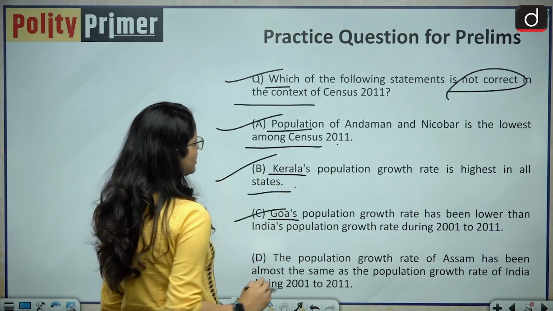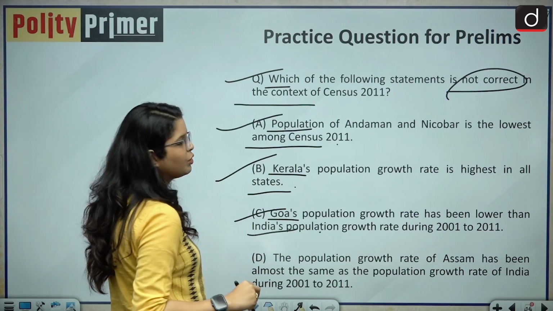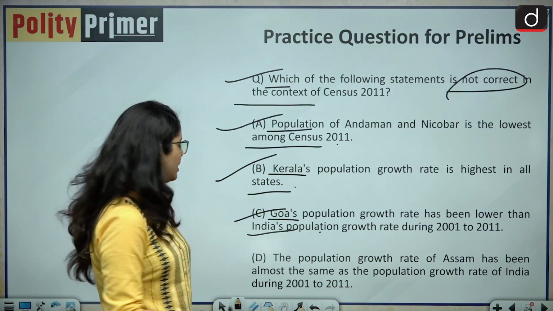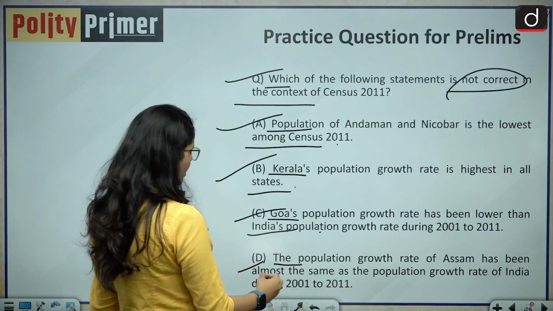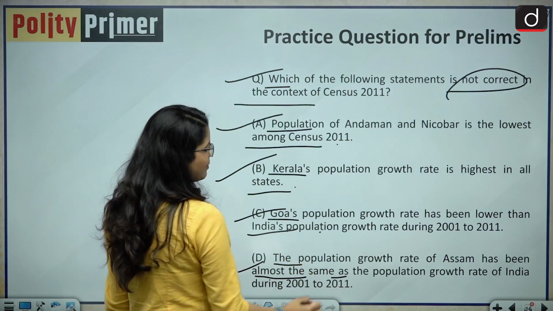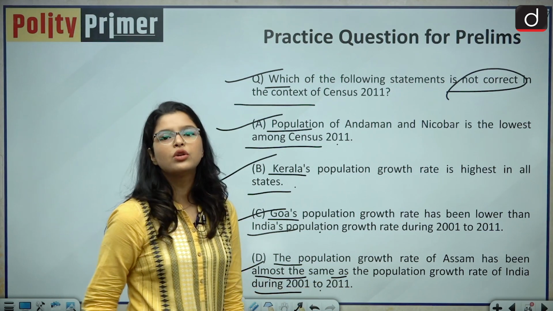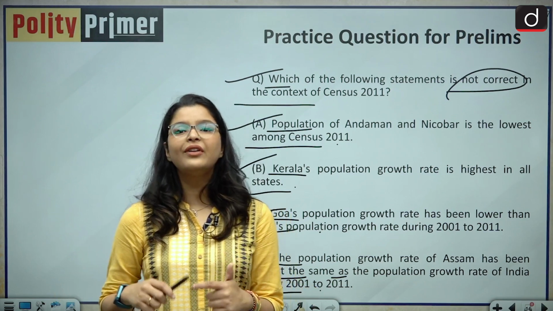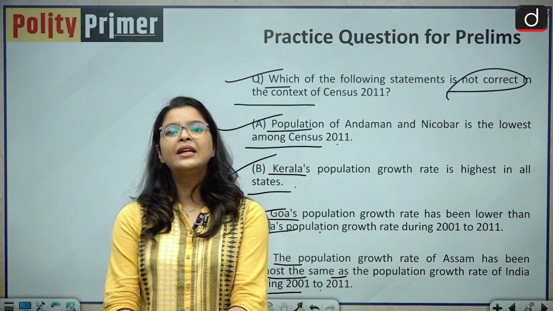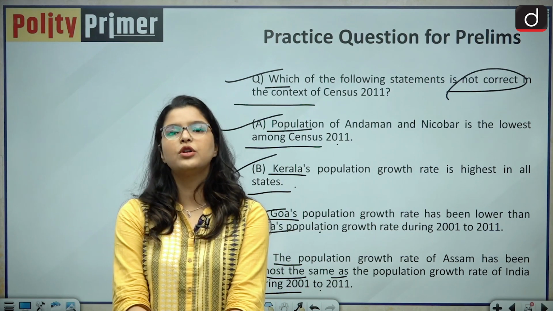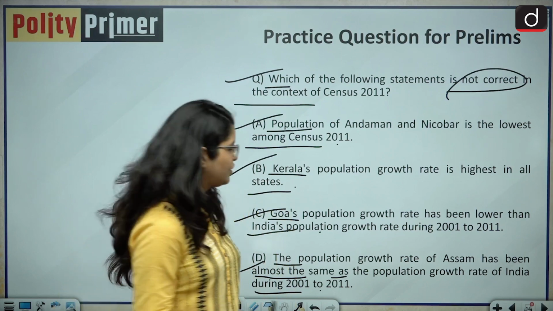Statement C: Goa's population growth has been lower than India's population growth rate during 2001 to 2011. Statement D: the population growth rate of Assam has been almost the same as the population growth rate of India during 2001 to 2011. You have to identify which of these statements is not correct, and kindly drop your answers in the comment box below. Now let us analyze a practice question for your mains examination.